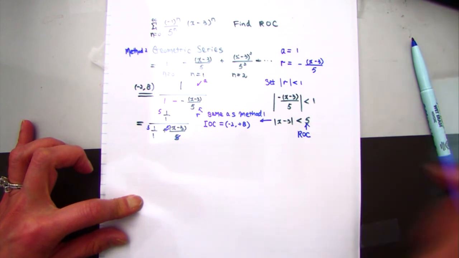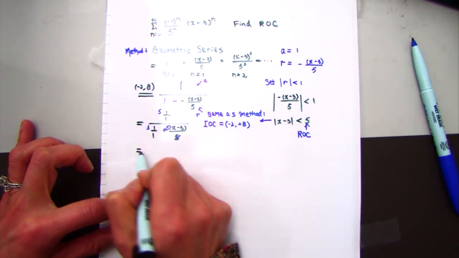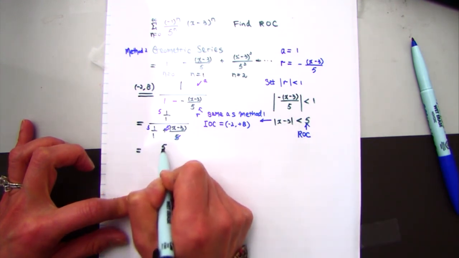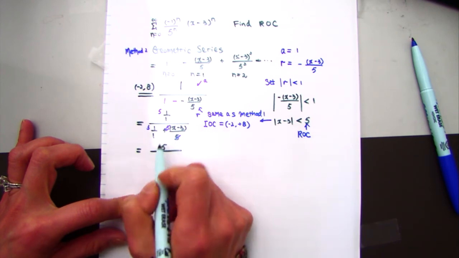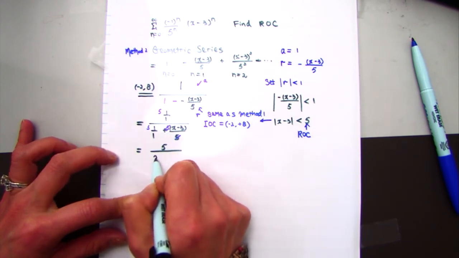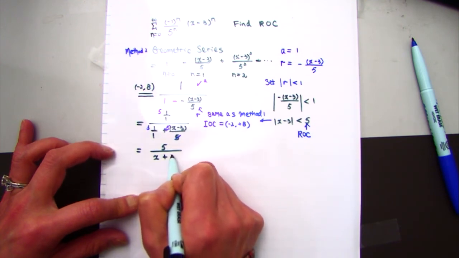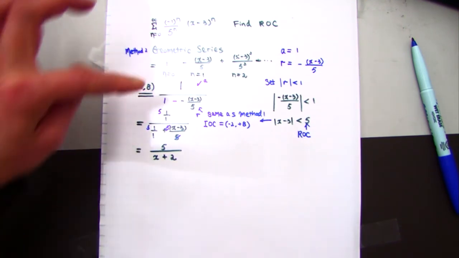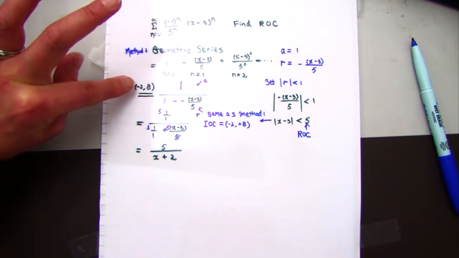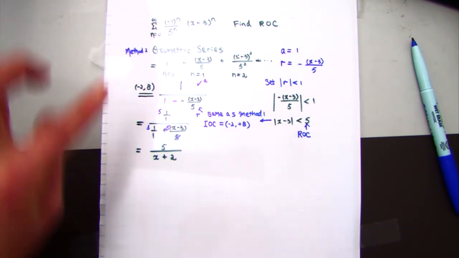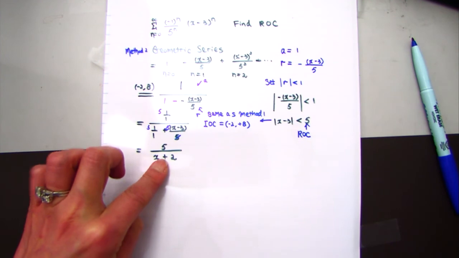And we have our result. Numerator is 5. Denominator is x plus 2. Okay, so not only we find out where the series will converge, it will converge to this rational expression.